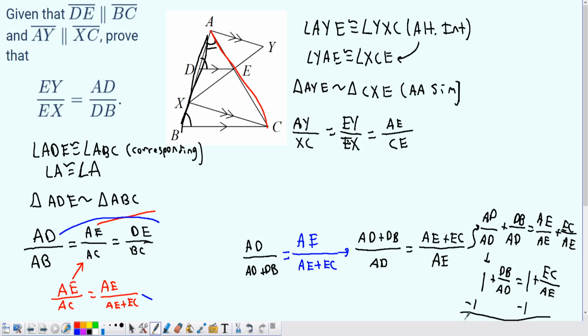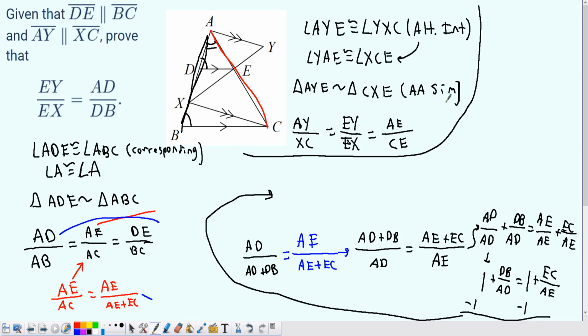And I am just going to do some really silly stuff right here. I'll make sure to cut this off so that we see it's not a part of the problem. So what do we get? We get that DB over AD is the same thing as EC over AE.